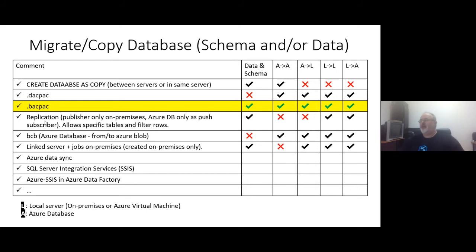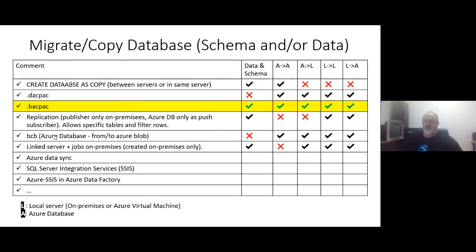Replication is another way that we can use, only if we are involving a local database. So we can create a replication between local to local, between local to Azure, and between Azure to local. We cannot replicate from Azure to local.